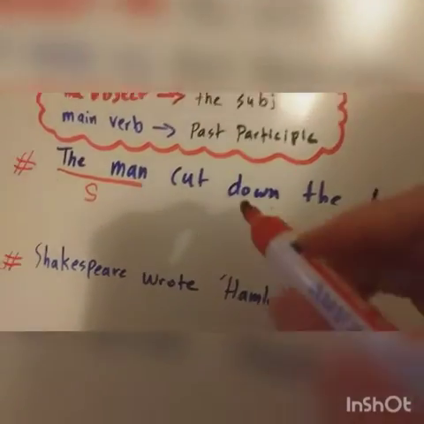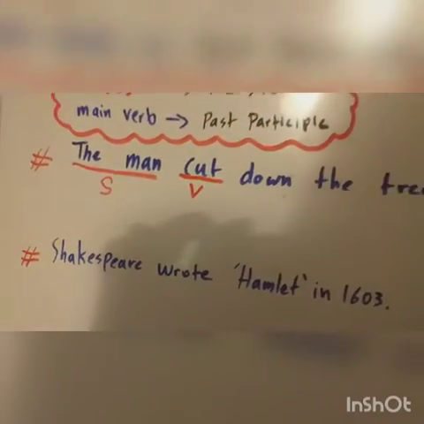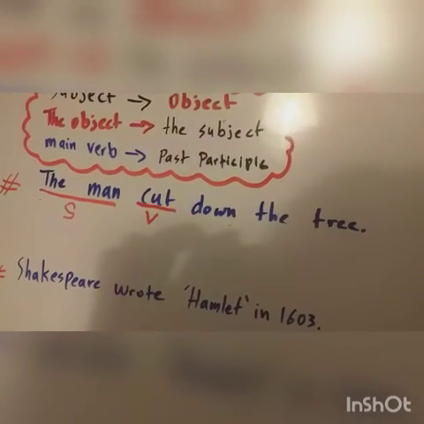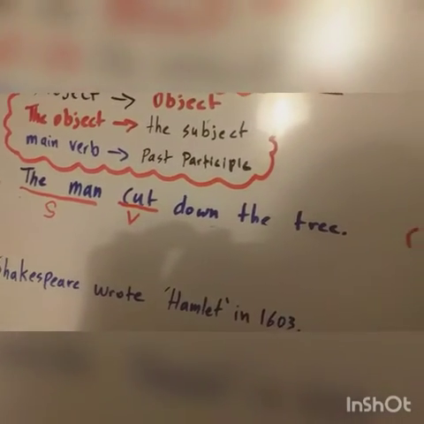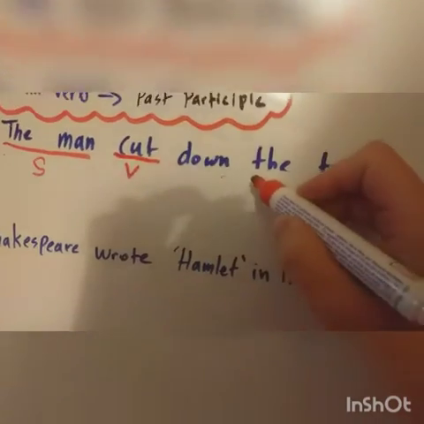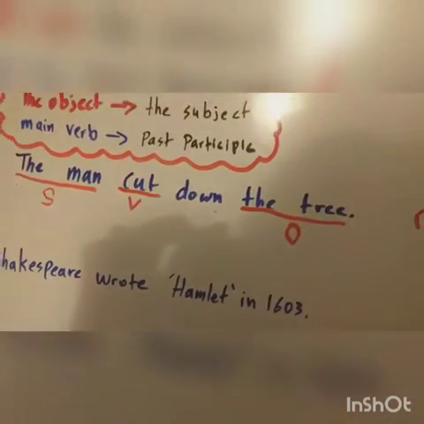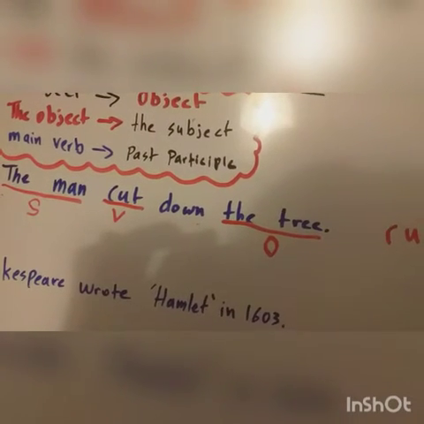The action is cut. And this is the verb. But what is the man cutting? It is the tree. So tree is the object. The object is the thing which an action is done upon.